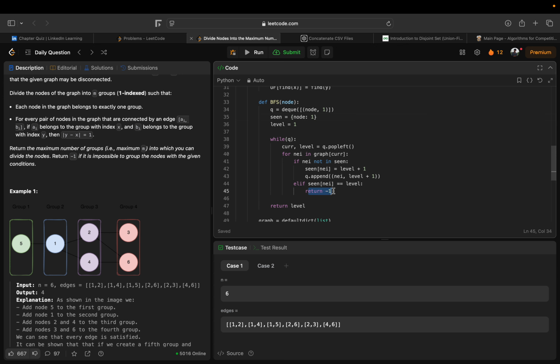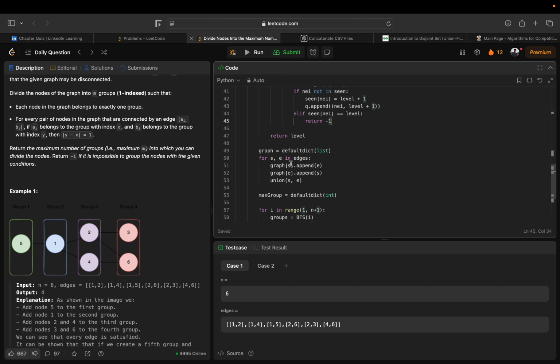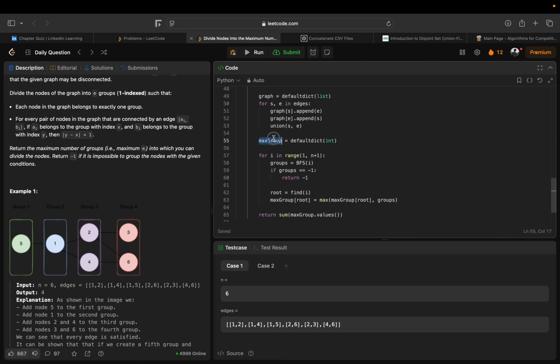So we visit the graph considering any node as a root, and we use BFS. We make a graph using these edges, and this is the maximum group.